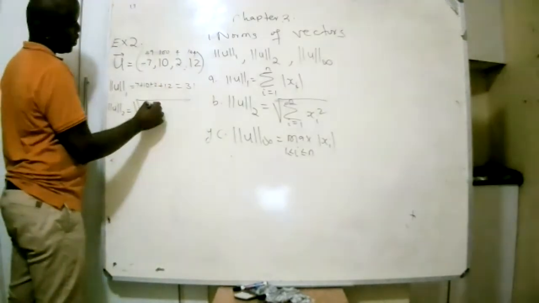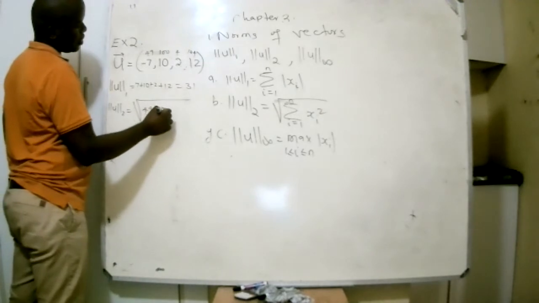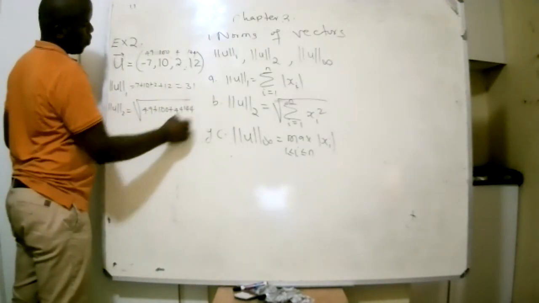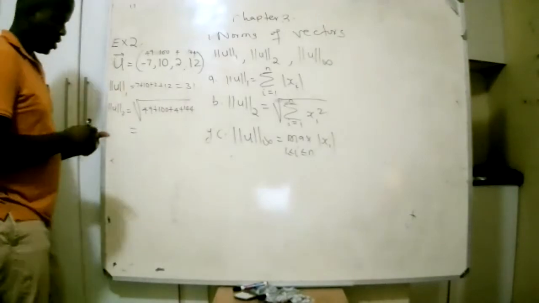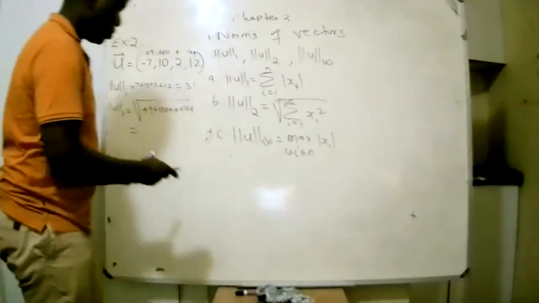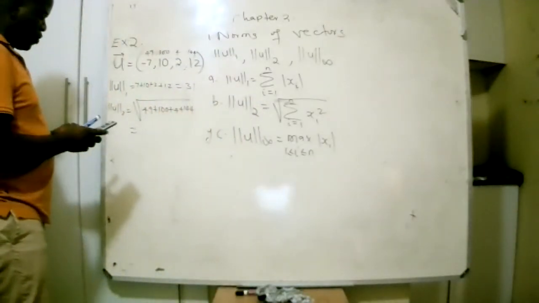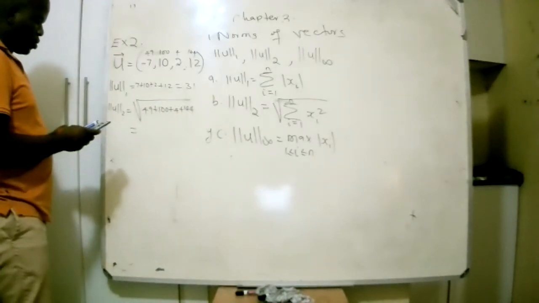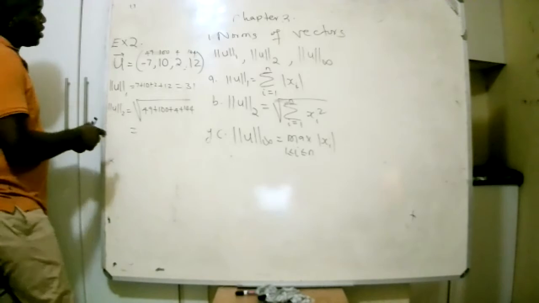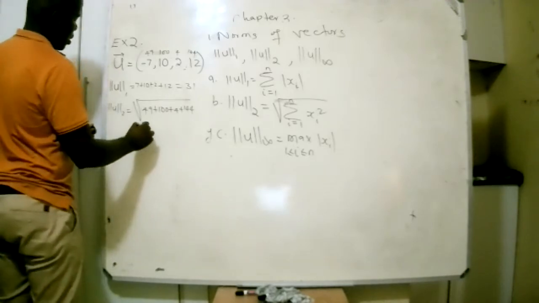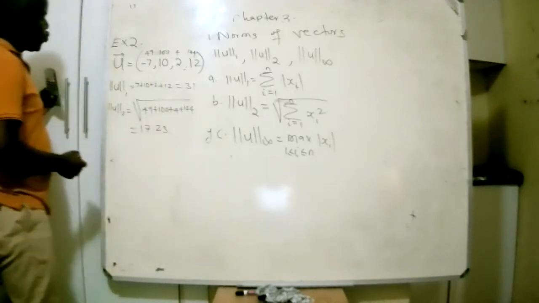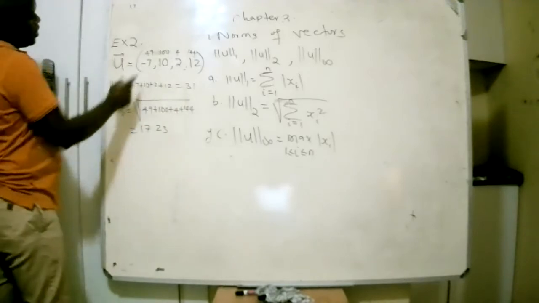So root of 49 plus 100 plus 4 plus 144. So we're going to get 17.23. And that is the 2 norm of this vector.